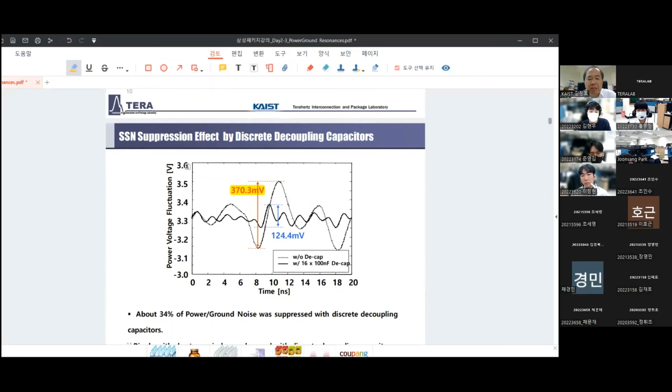In those days, the chip had a 3.6 volt level. It was only 2000 or 2005, so it is a very old measurement result, but truth is truth. And by putting in the 1600 nanofarad decoupling capacitors, we were able to have much smaller switching noise.